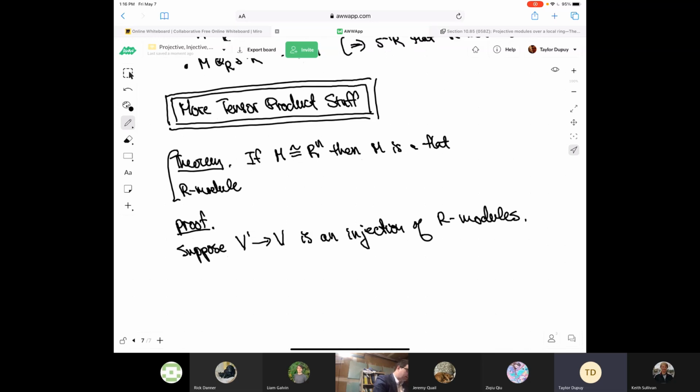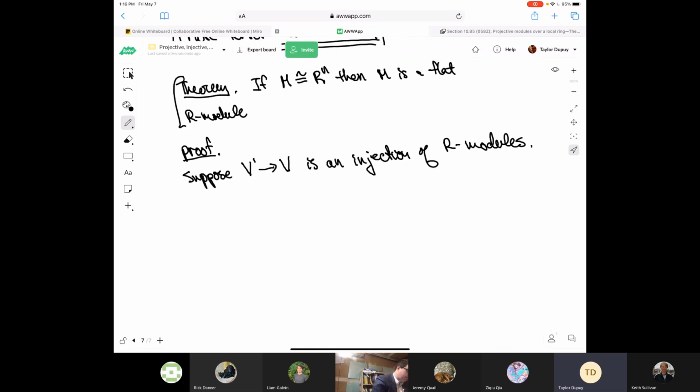What we'll do is take the tensor product of this. So V prime tensor product over R with R to the n. And this goes to V tensor product over R with R to the n again. And remember, R to the n is R direct sum with itself n times.